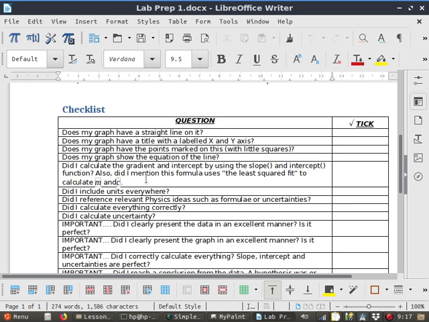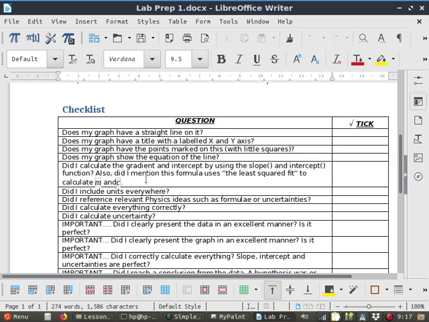So, for this graph, you need to calculate M. Now it should be 0.995. But you should calculate it. I'll show you. So what you do, I put it here.